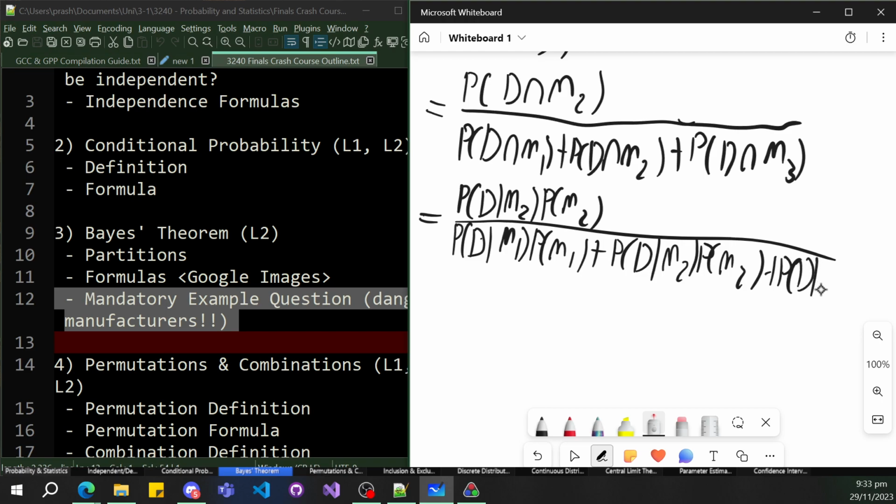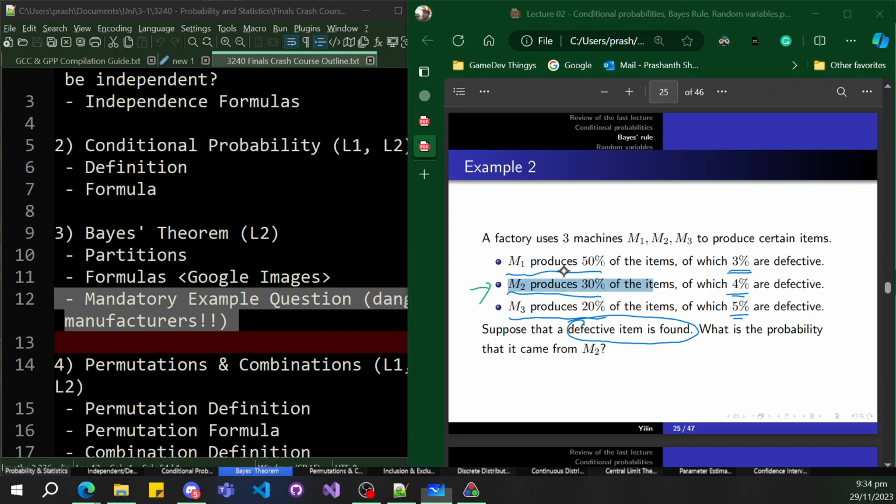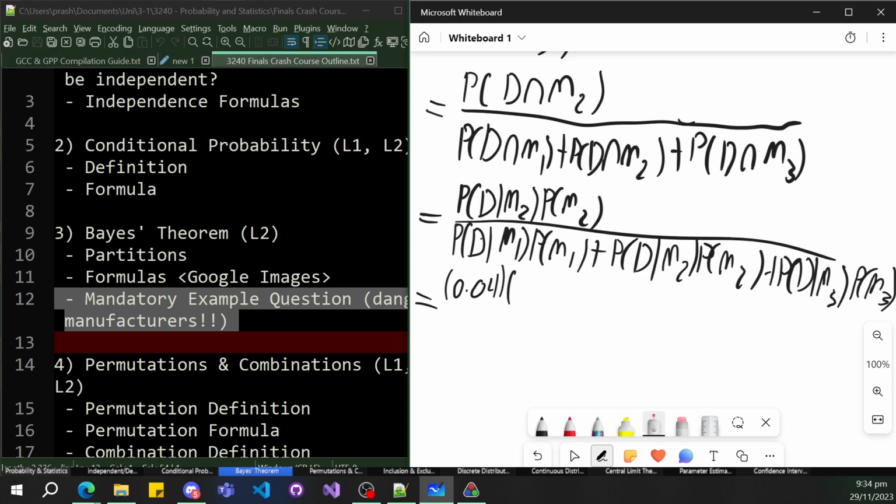Probability of D given M3, probability of M3. And here comes the good old number subbing in process. D given M2, that is 0.04. Probability that it came from M2 was 30%. Oh, where did my cursor go? Oh dear.